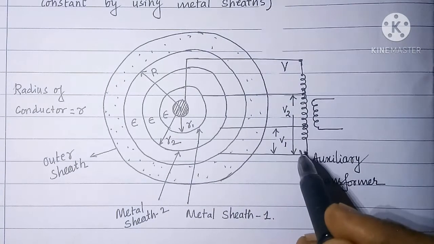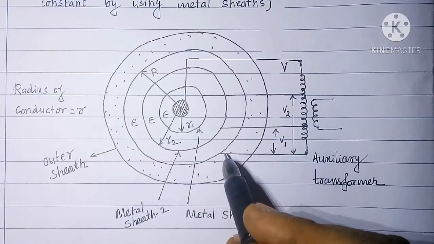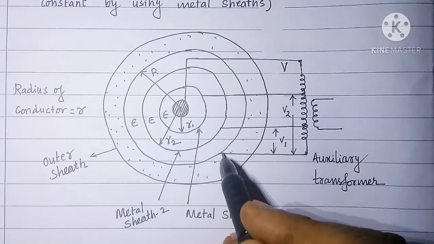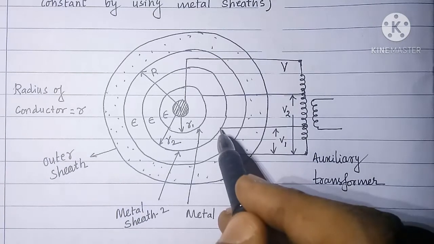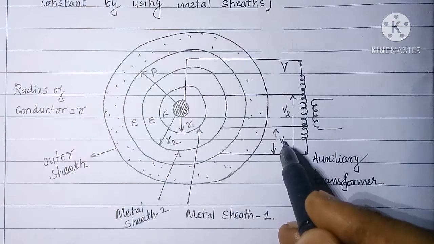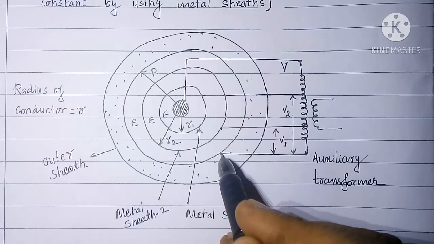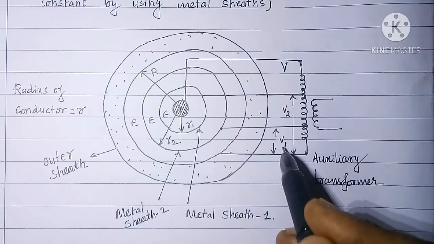V2 means what? The potential difference between the surface of first insulating material and the inner surface of outer sheath. Similarly, the second insulating material outer surface is maintained at a potential of V1, that is the potential difference between outer sheath of second insulating material and the inner surface of sheath is kept equal to V1.